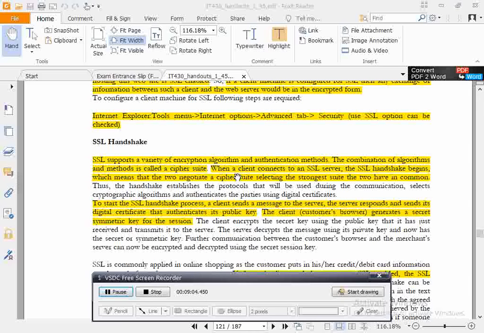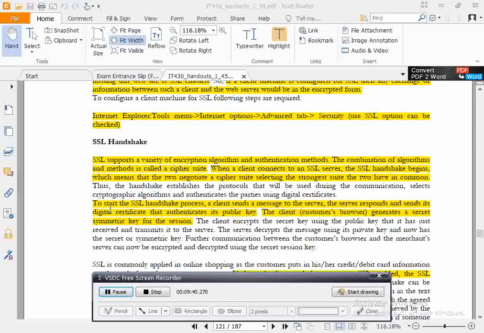When a client connects to an SSL server, the SSL handshake begins, which means that the two negotiate a cipher suite, selecting the strongest suite the two have in common.